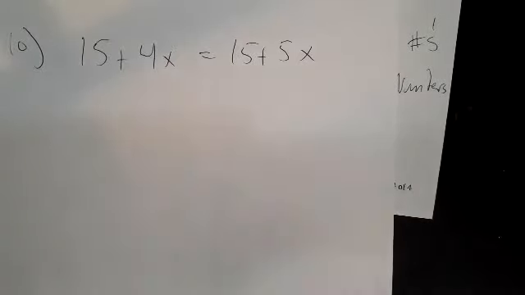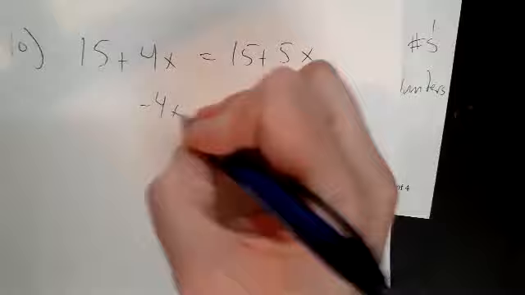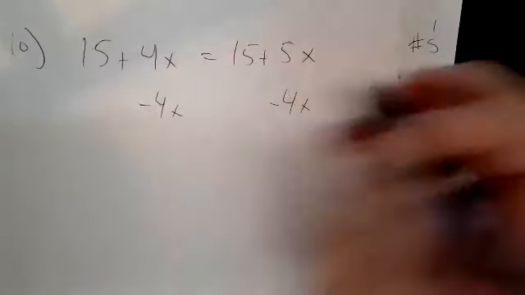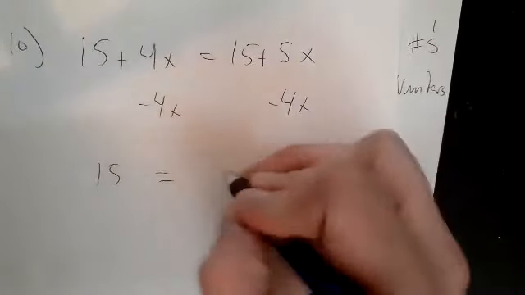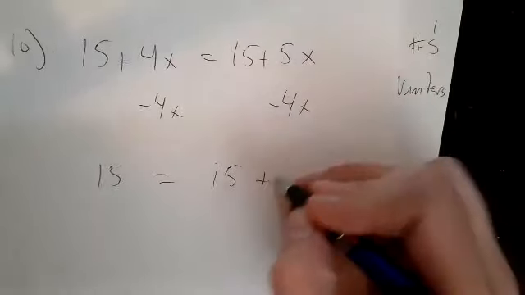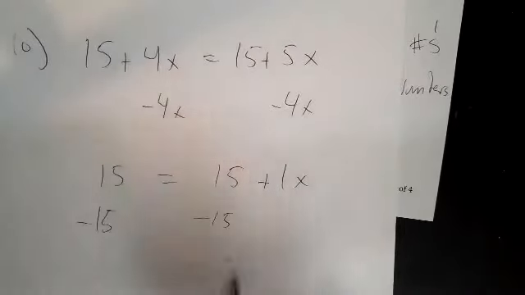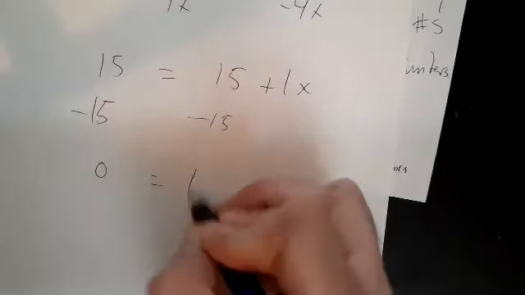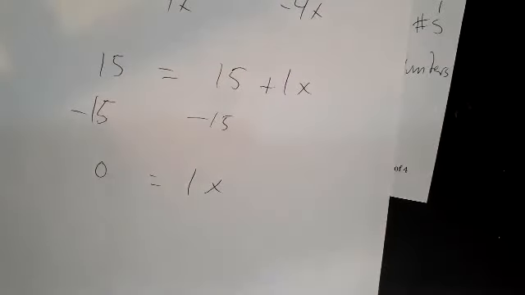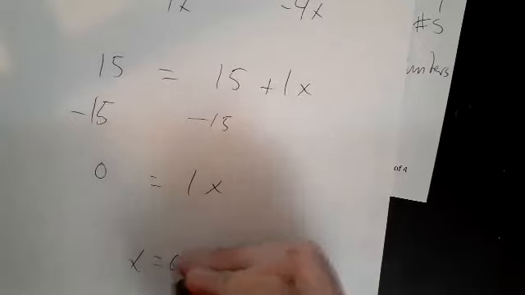I want to move all the variables to one side. I'm going to subtract 4x. Something like 15 is equal to 15 plus 1x. I could subtract 15. I'll end up with 0 is equal to 1x. And so this is giving me the x equals 0 equation, right?